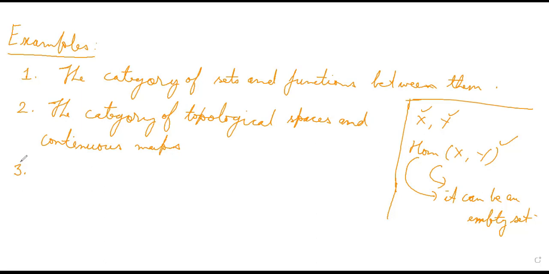Then third is the category of groups and homomorphisms. So in this category, the class of objects will be the collection of all groups, and given any two groups X and Y, hom XY will be the set of all group homomorphisms from X to Y. Again, here composition is the usual composition of functions.